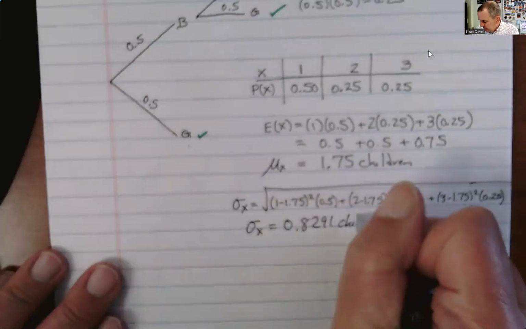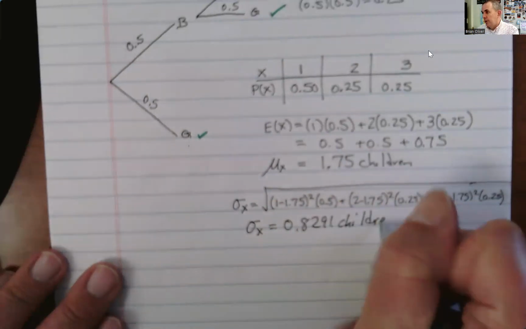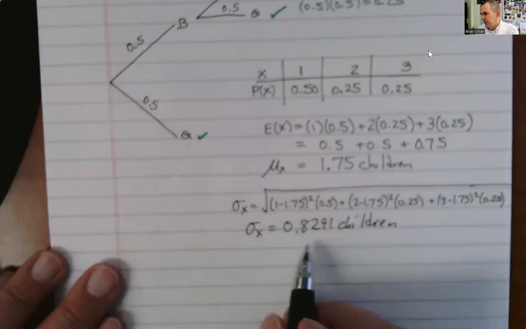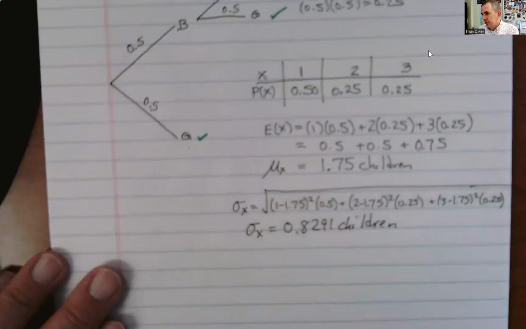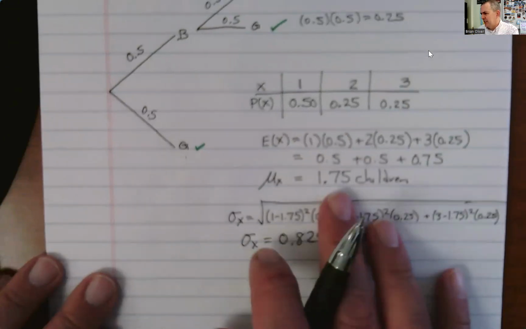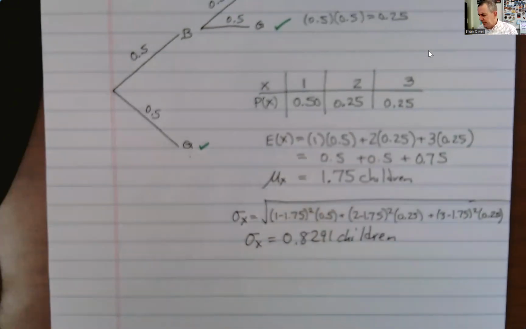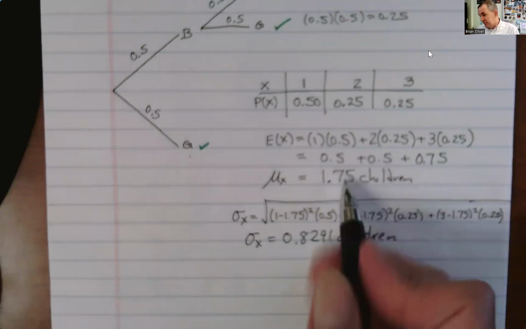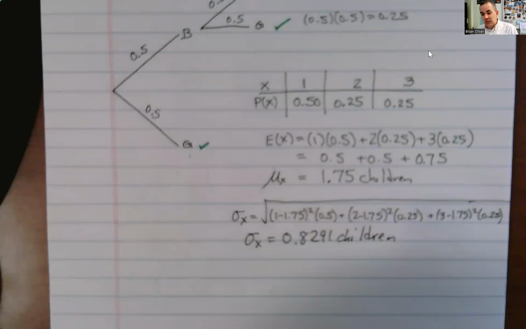So you would expect this family would have about 1 3/4 children with a standard deviation of about 0.8291. So, again, the way I always look at this is just adding and subtracting 1 standard deviation. The range of this family is going to be about 1 to 3, and that's really what it is. I mean, families are going to be 1 to 3.